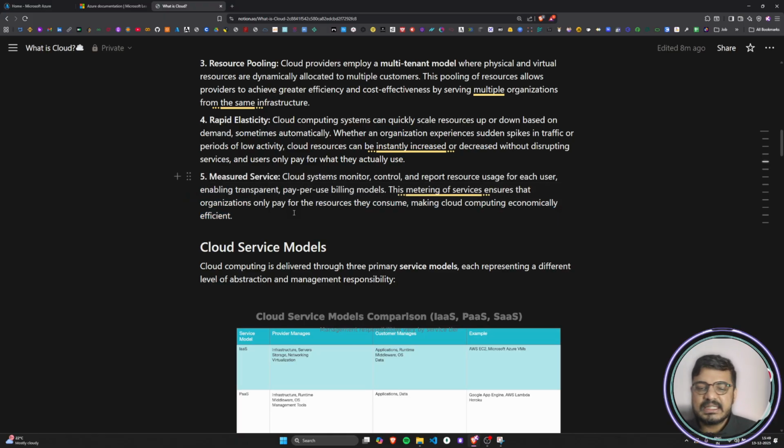Each and everything is tracked: how much you are using, for how much time, and how much you have to pay for that particular service. This makes things transparent. The organizations know which services they have consumed, for how long, and what they have to pay.